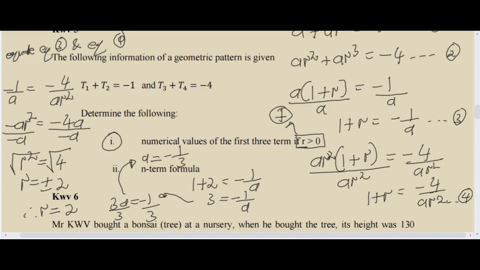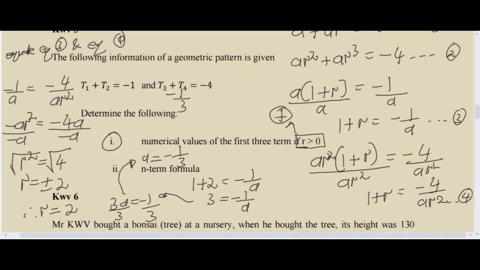Now, if I have A as negative 1 over 3, considering that R is 2, my 3 terms will look like this. I have A is negative 1 over 3. If I multiply by 2, I must get the second term. Remember, in order to get the next term in a geometric series, you have to multiply by the common ratio.